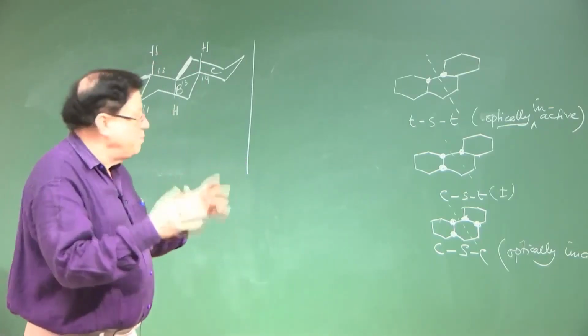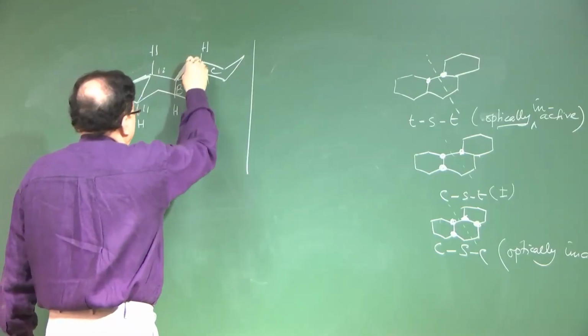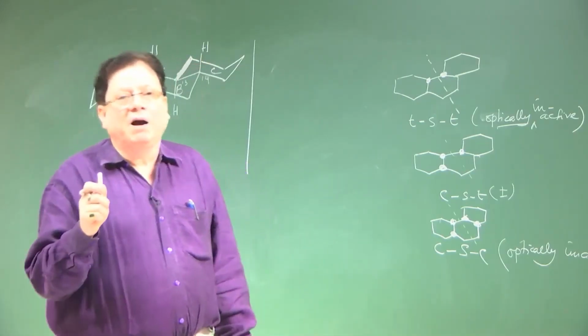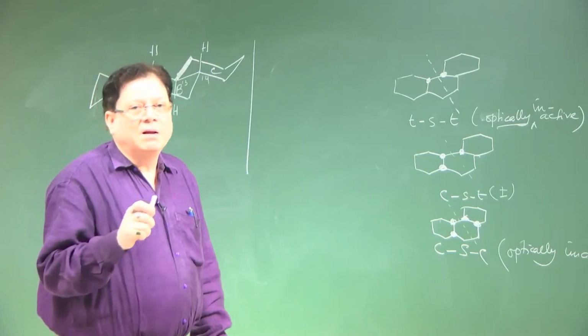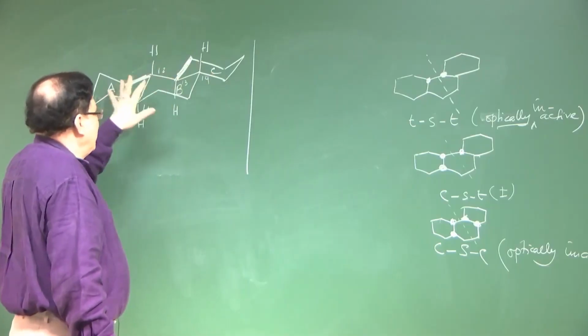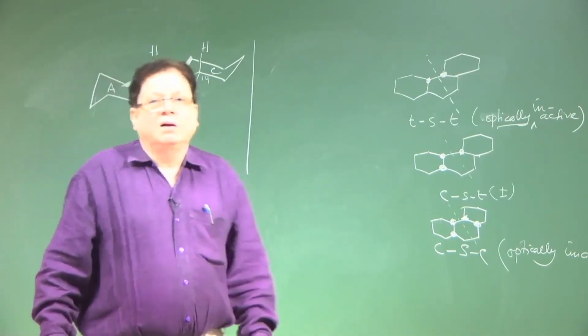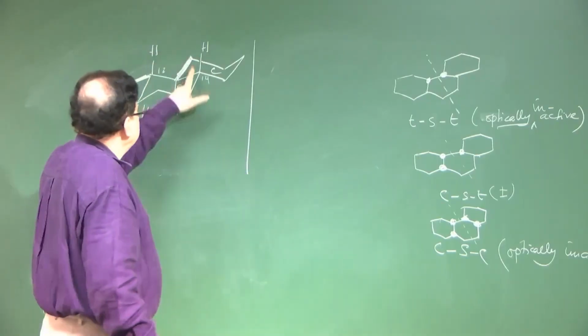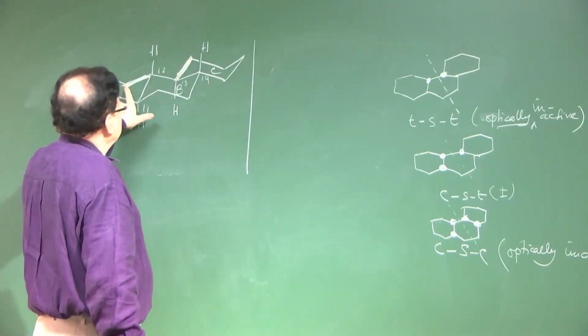That is beyond the decalin system. This is present in all perhydrophenanthrenes, irrespective of whether this is chair or boat, whatever. Irrespective of that, this unit is always present.